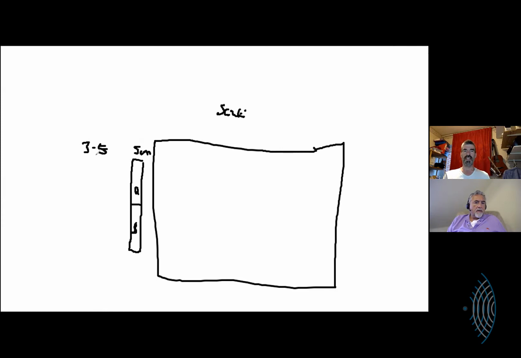So you take that down to somewhere between 3 and 5 on the scale, and then once it's there, you adjust the color gain until you don't have too much noise.